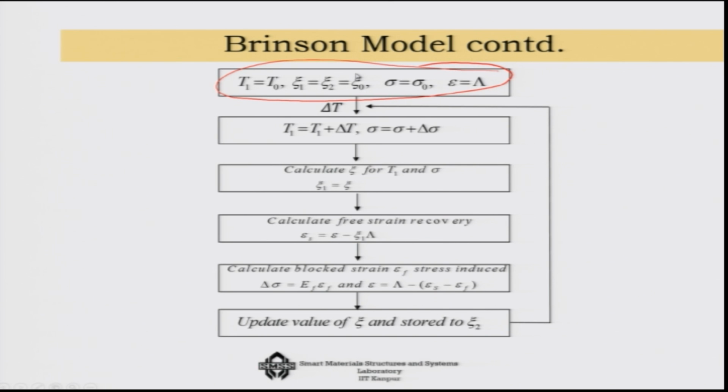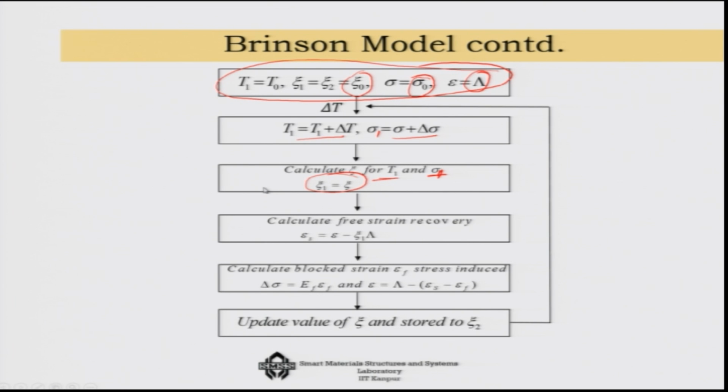Let us say I am starting from a temperature which is T 0, and I am starting from my initial phase transformation in the system, and initial stress sigma 0 and epsilon which is free strain. Then I increase the temperature and then the stress del sigma. I calculate the xi for this new temperature and this new stress. So, we should call it sigma 1 here. That xi would become the new xi 1.